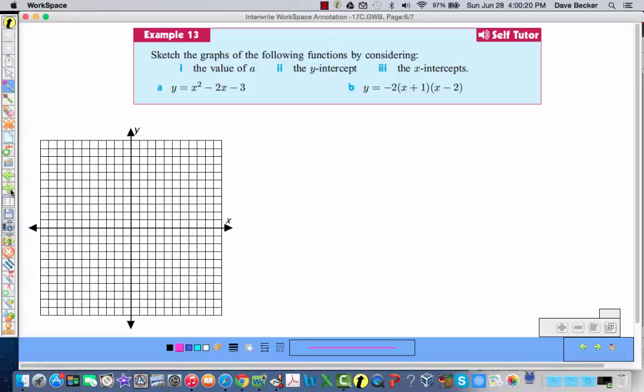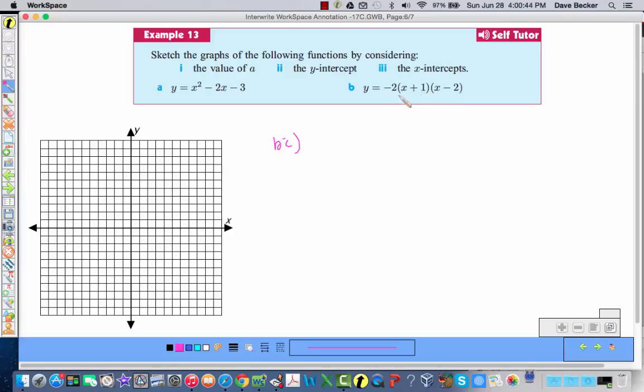And I added a second page here just to give us a little bit of room. Okay, so what do we need? The value of A, that's going to be negative because x times x is x squared. So this is B, part I here.